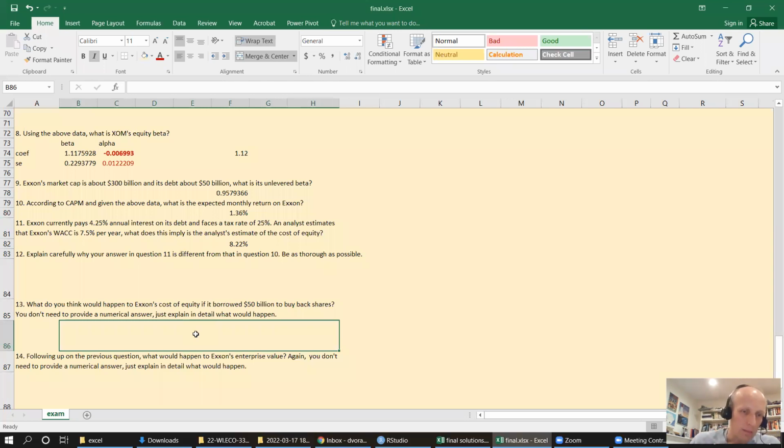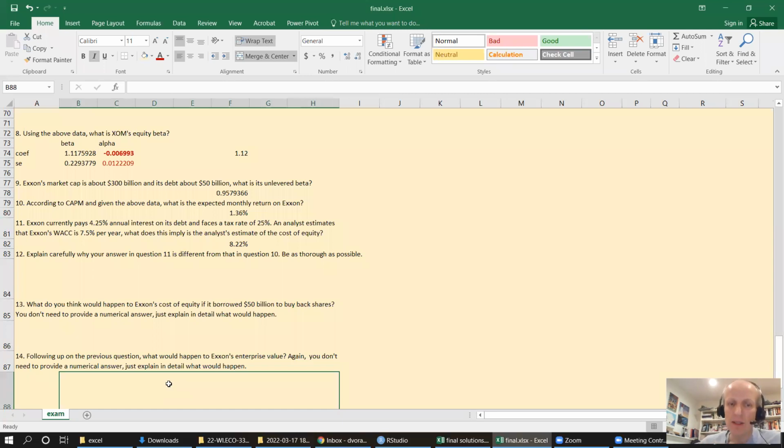So on number 14, what would happen to Exxon's enterprise value? Well, we have Modigliani-Miller proposition 1, which says that capital structure does not matter. But of course, that assumes that there are no taxes. In this exam, I specifically say we've got 25% tax rate. And so with taxes, capital structure does matter.